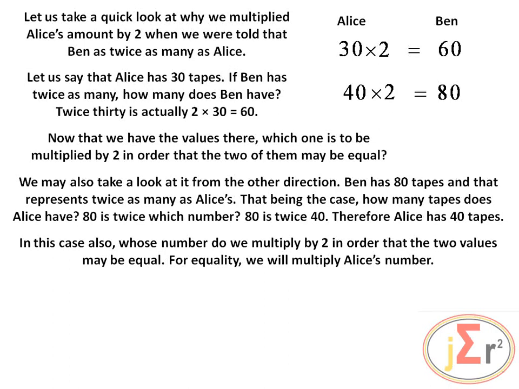So Ben has 80, twice the number that Alice has, so Alice will have 40. Alice has 30 and Ben has twice this number, so Ben will have 60.